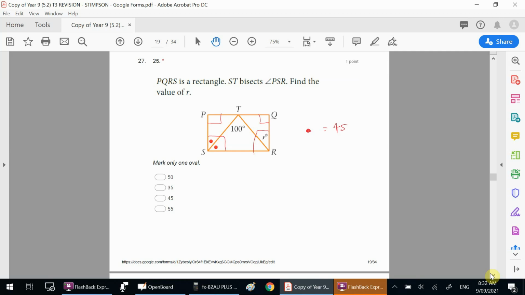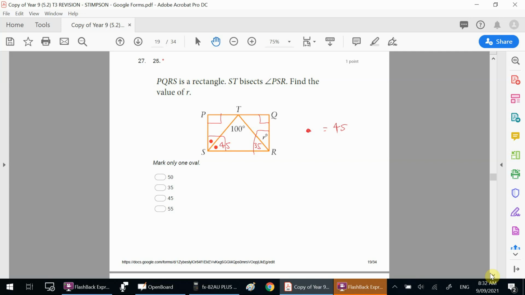Inside this triangle, we now have a 45, and what I'm doing is piecing together the bits of information so I can get what R is. So we can do this one, and then we know that this one and this one together equal 90. So 145, so this angle here has got to be 35.